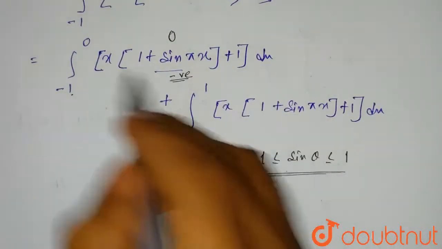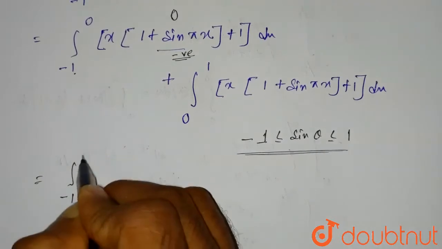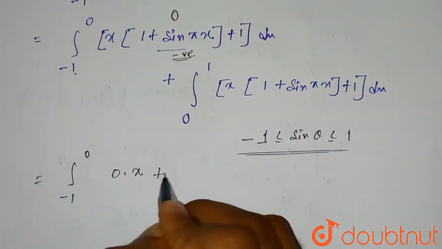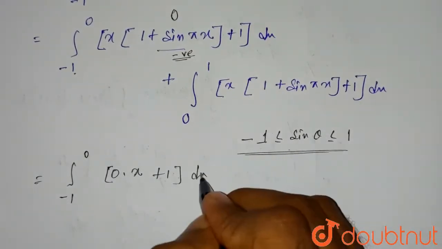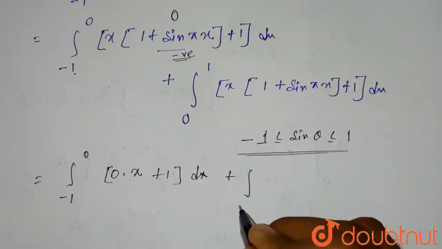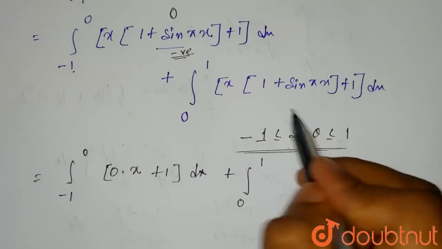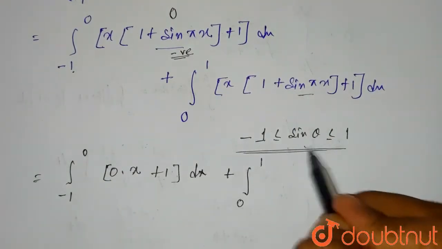So ultimately the term will be equal to the integral from -1 to 0 of [0 into x + 1] dx, plus the integral from 0 to 1. Now if we put the values from 0 to 1, then sin πx will lie in the 0 to 1 range.